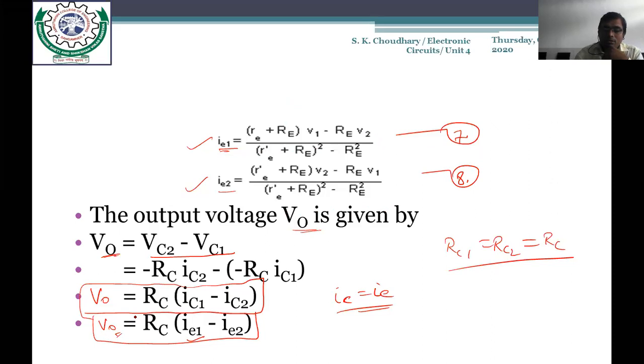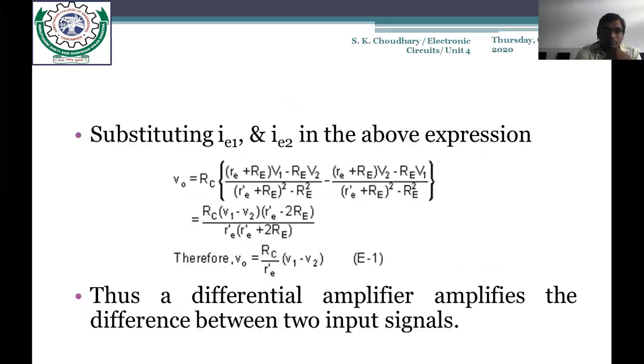Okay, so when you substitute the values of IE1 and IE2, you would find V0 is equal to RC, where we have put this value of IE1 here and IE2 here from equations 7 and 8. Finally, you can solve this. The denominator is the same actually, so you can write it here and then just do the subtraction.